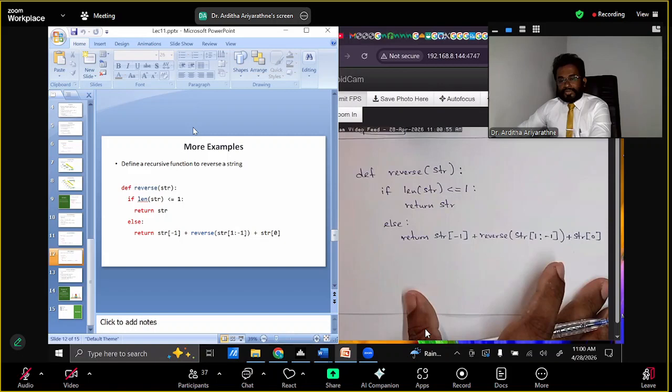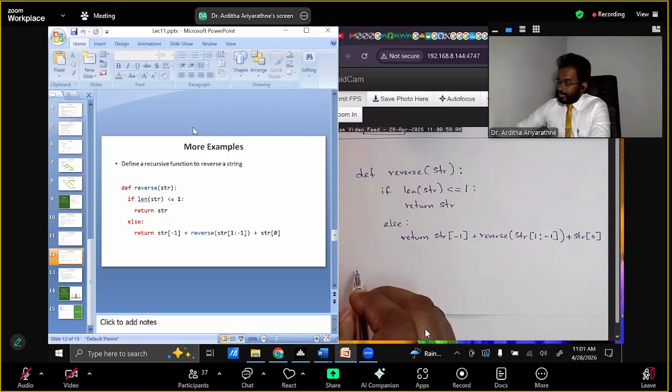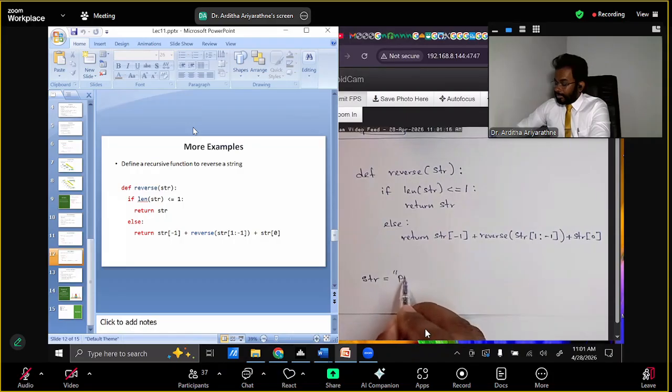Now I am going to do something like this. Here I am calling the function, but before that I have to assign some word to str. I am assigning the word program.